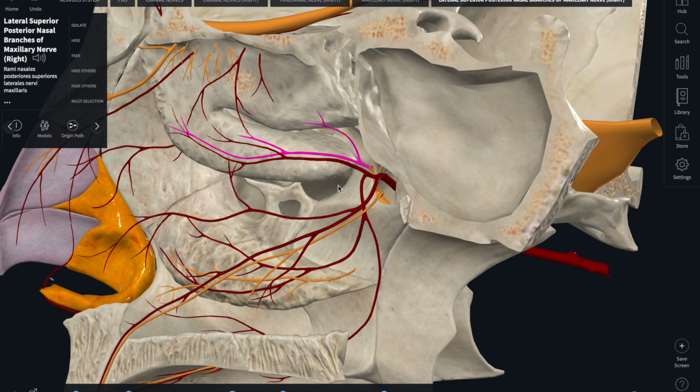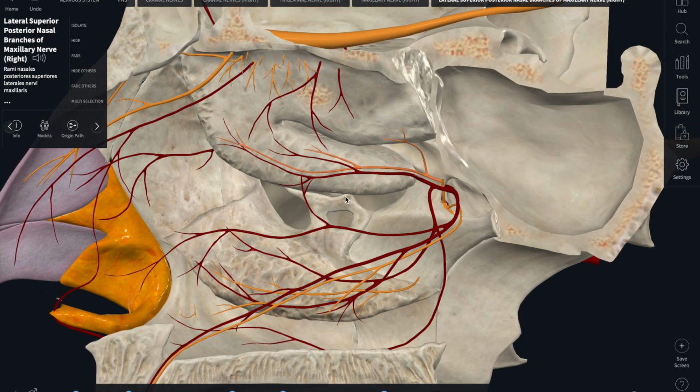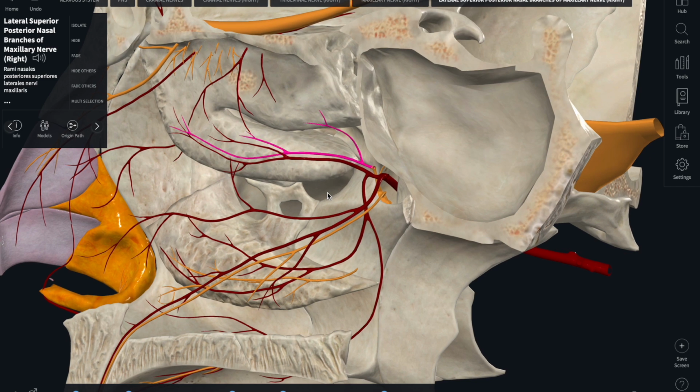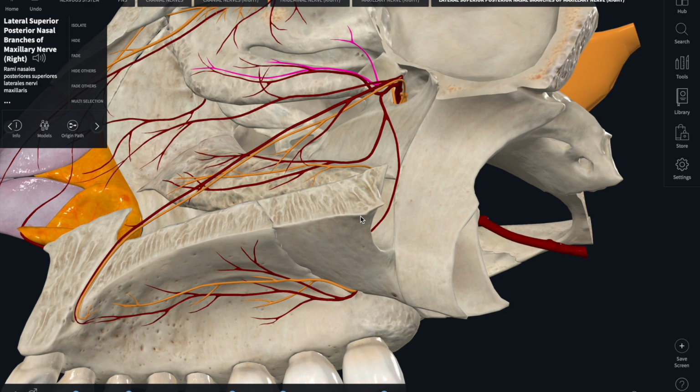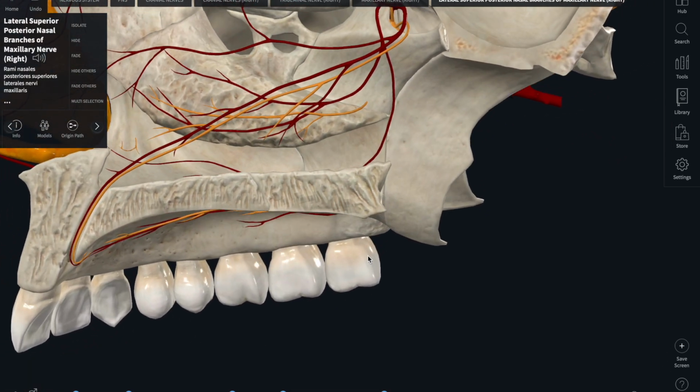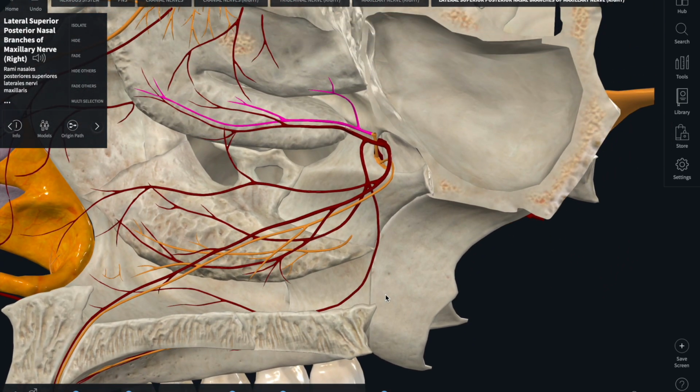This program has it listed a bit differently. So this is the posterior superior lateral nasal branch. It comes off the greater palatine nerve before it enters the greater palatine foramen down here, and supplies the hard palate. So that's the posterior superior lateral nasal branch, otherwise known as the short sphenopalatine.